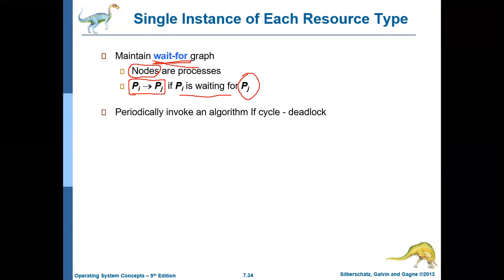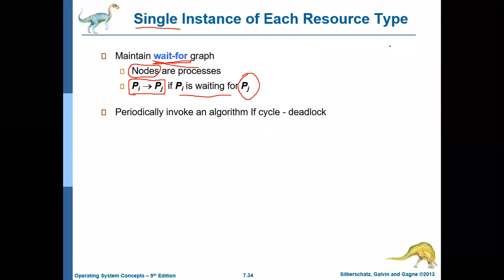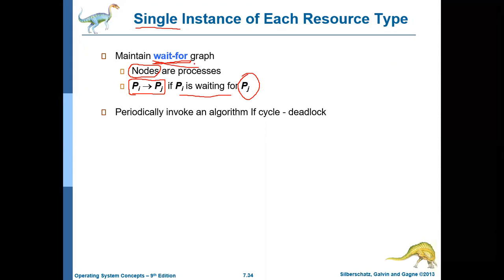This wait-for graph will be used only when there is a single instance of each type of resource. The operating system will periodically invoke the wait-for graph algorithm to check if there is a cycle or not.